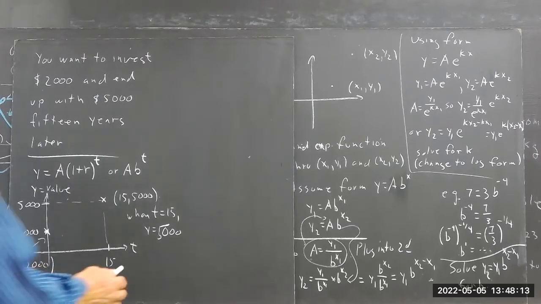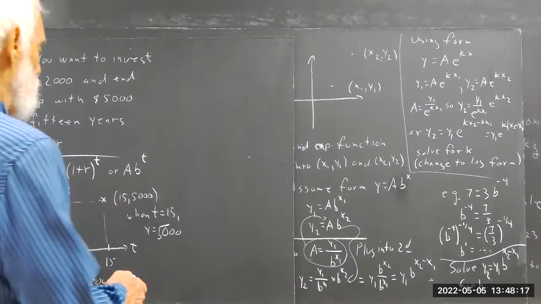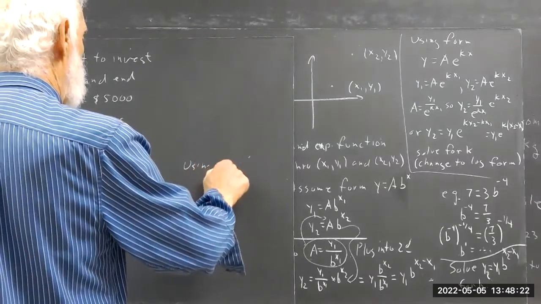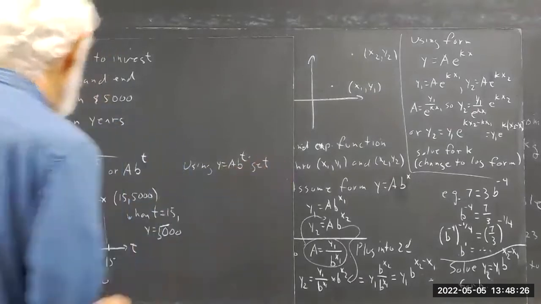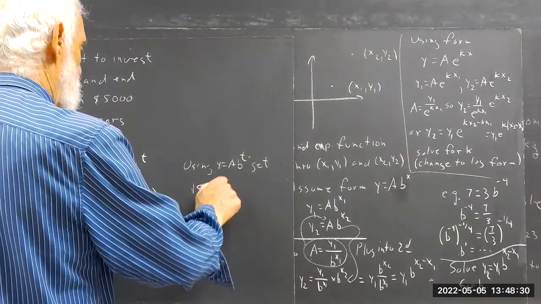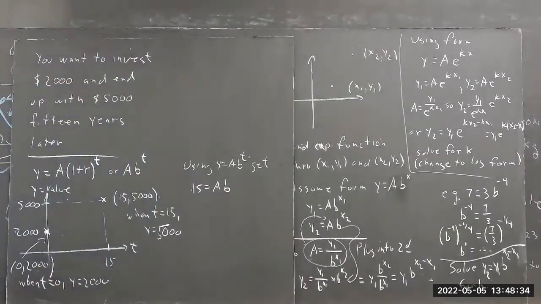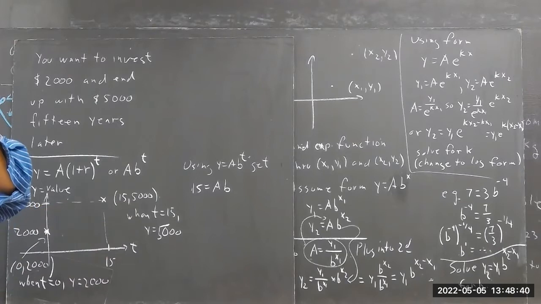Well, now it becomes pretty easy. Okay. We'll use A B to the T. Yeah, y is 15. No, it isn't. Is y 15? What's 15? See what I mean by reversing?